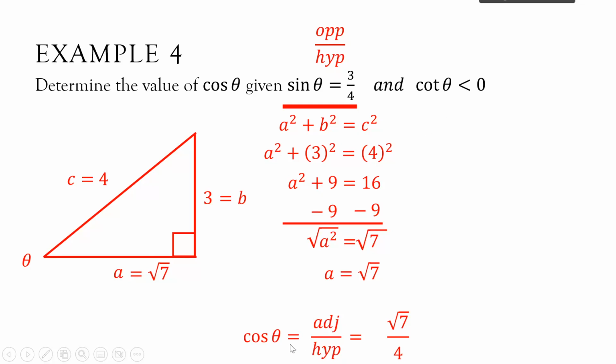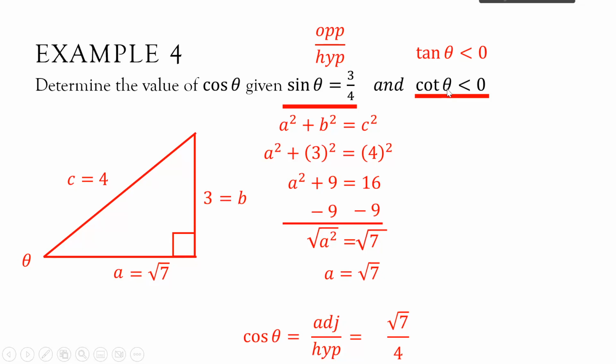In other words, I don't know if this cosine is going to be positive or negative. So how do I know if it's positive square root of 7 over 4 or negative square root of 7 over 4? To figure that out, I have to know which quadrant I'm working in. Am I working in quadrant 1, 2, 3, or 4? Using this piece of data, we know that cotangent has the same sign as tangent of theta.